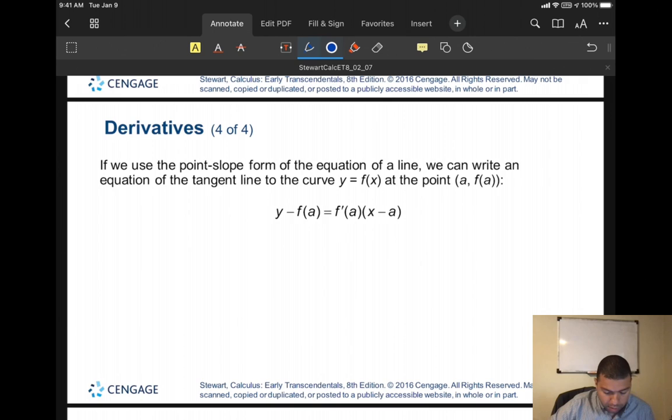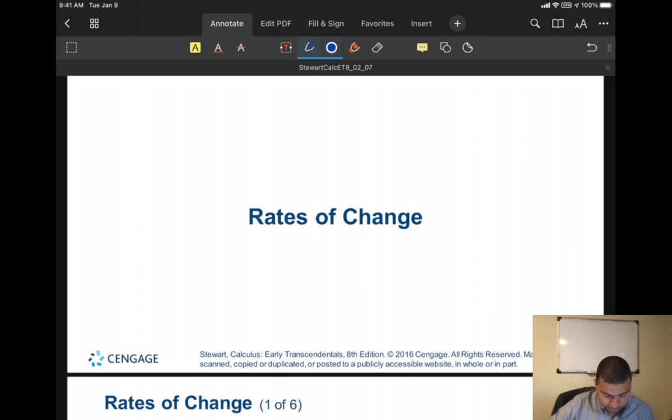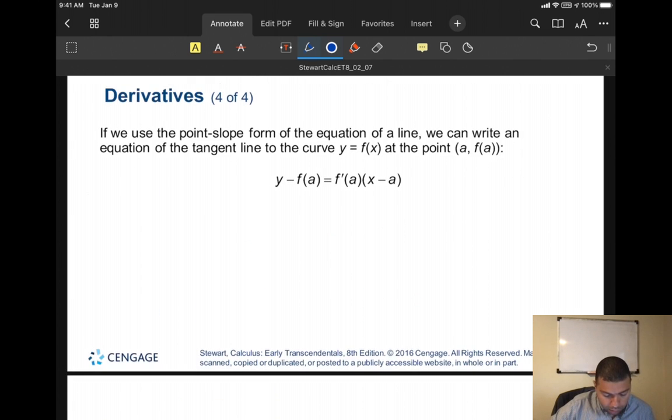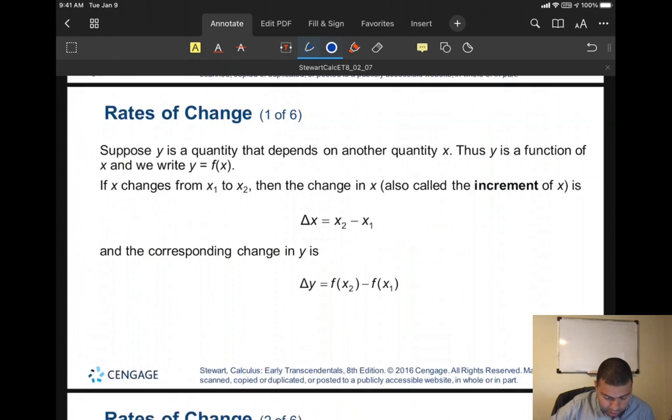And you can then write this as your equation, I guess, point slope equation of your line, y minus f of a equals f prime a, which is m, times x minus a. Okay? So that's it.